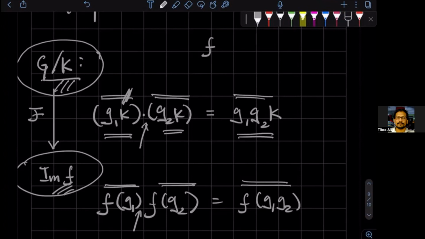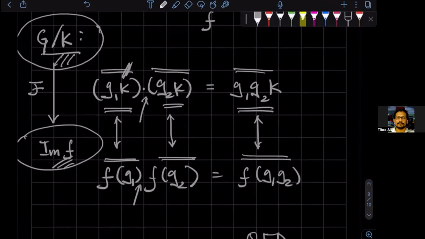Before this section, we showed that these maps between these elements were well defined. It's an invertible map, therefore it must be one-to-one and onto.